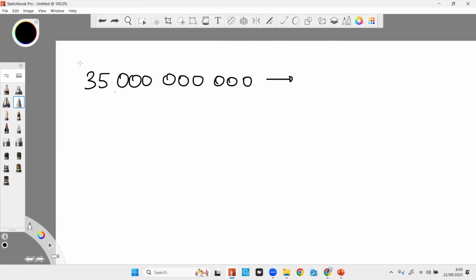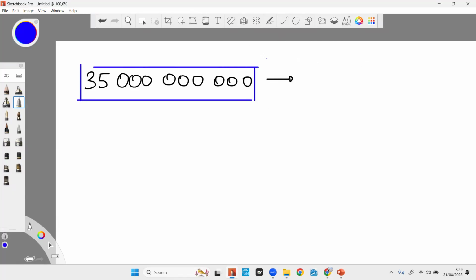If you want to do this, you have to imagine this number has a maximum of one place value. This is the first thing that you need to understand. Maximum is one place value. Everyone pay attention, please. Maximum one place value.